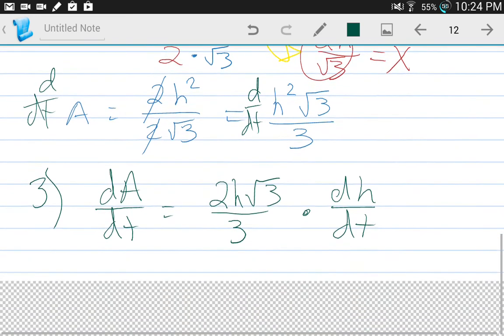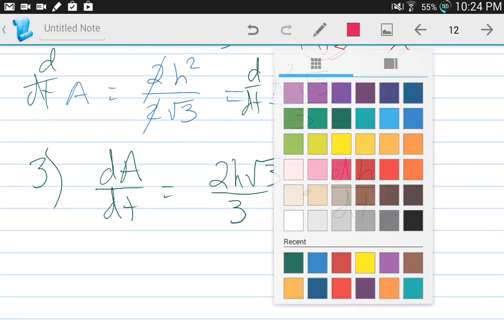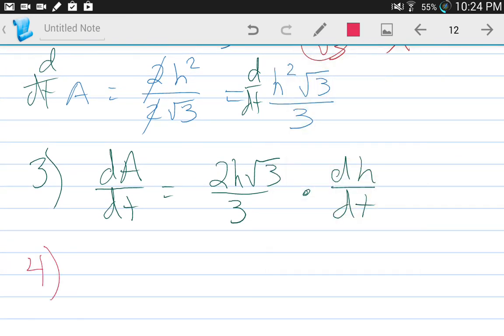And we're almost done. Our last step is just to plug in all of the givens. So our first given was the rate at which the area was changing, which we had called 5.